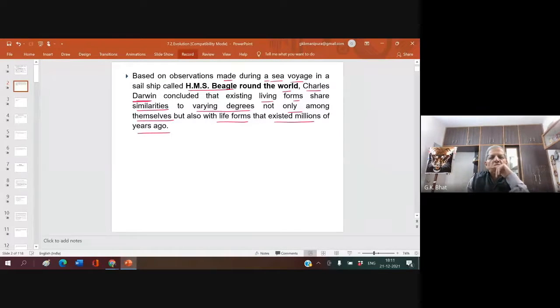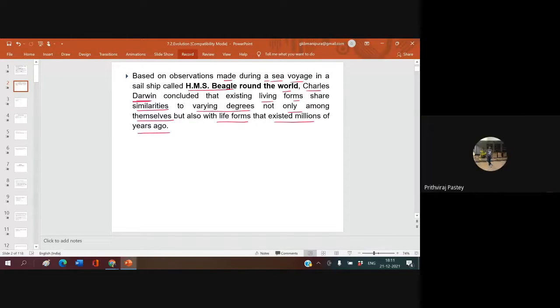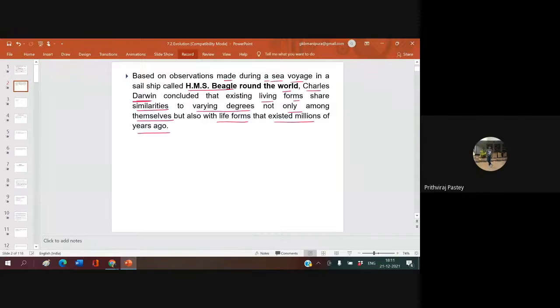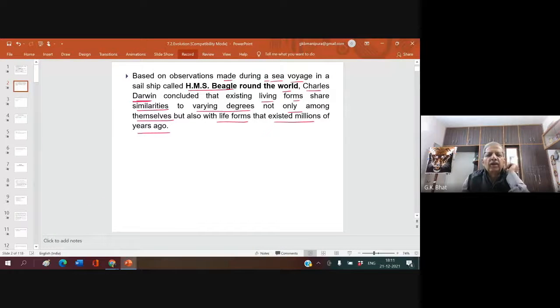Siddesh, Pratiraj, you know that? No, sir. Charles Darwin was a failed MBBS student. He was interested much more in nature study than in human study.